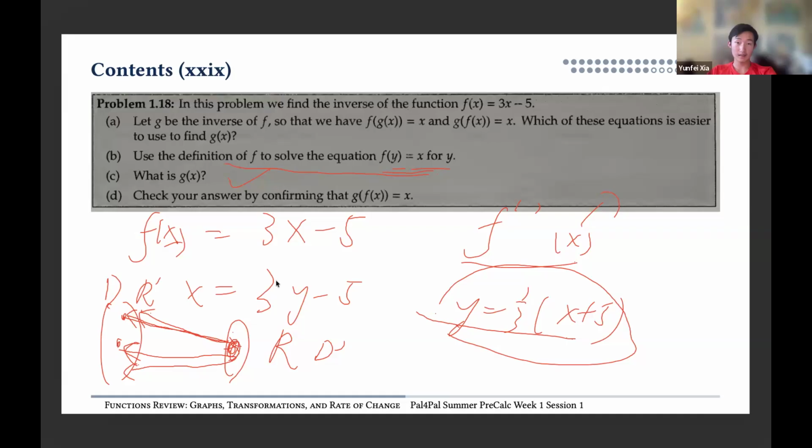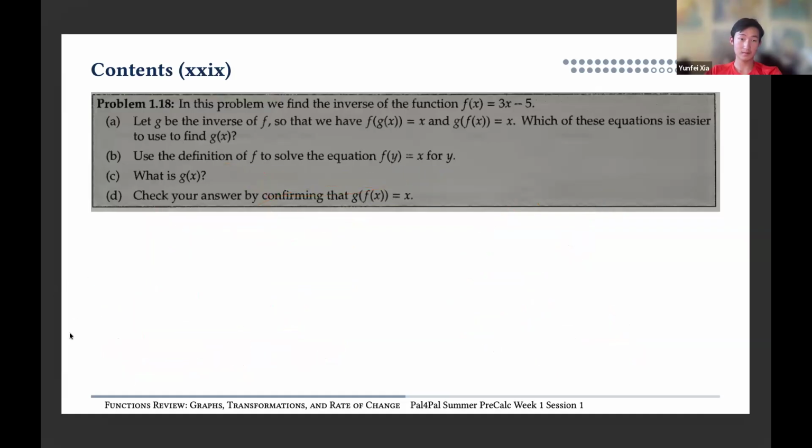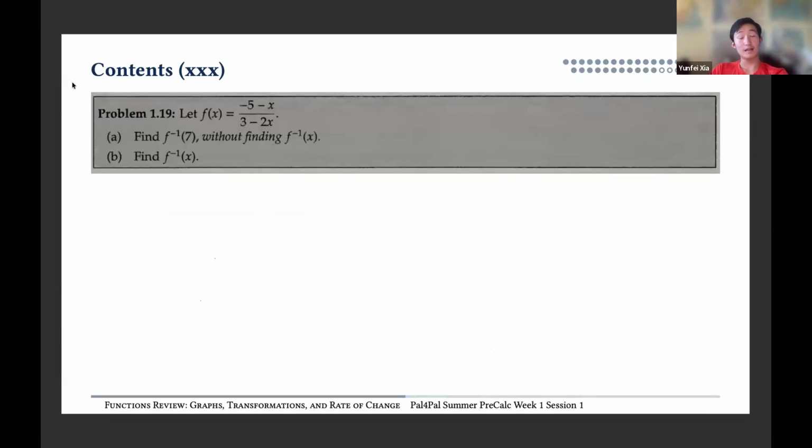Okay, that's good. And in the last one, you can just directly verify this. All right, so enough being said, can you try to do these two problems?